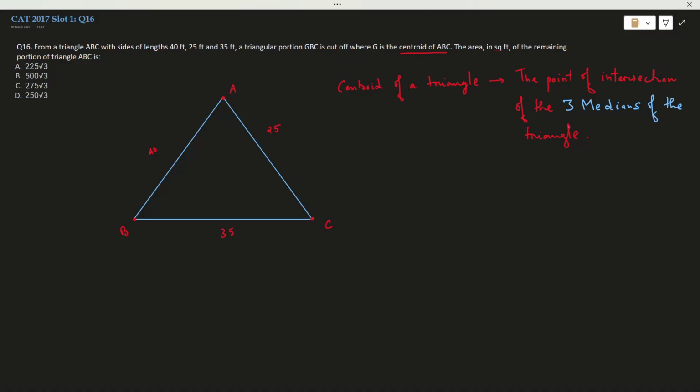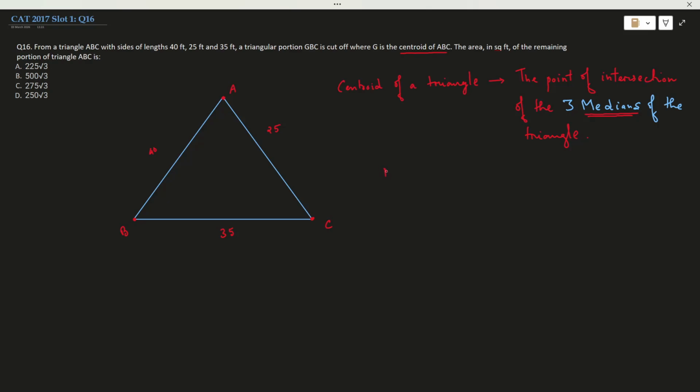Right, now what is a median? A median is a line segment originating from a vertex of a triangle, and this line segment joins the midpoint of the opposite side. That means the median bisects the opposite side of a triangle.